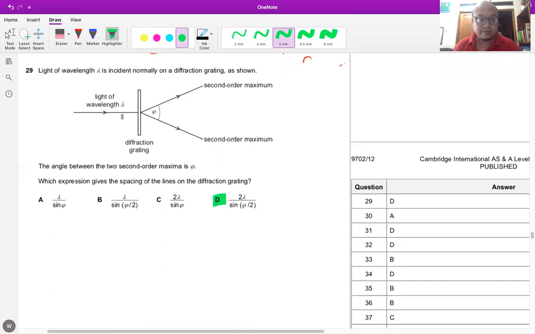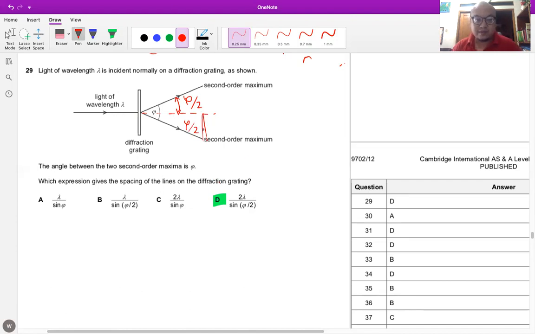The angle between the two second orders is C. Which expression gives the spacing of the lines of the diffraction grating? So the angle in here is C divided by 2, and this is supposed to be 2.